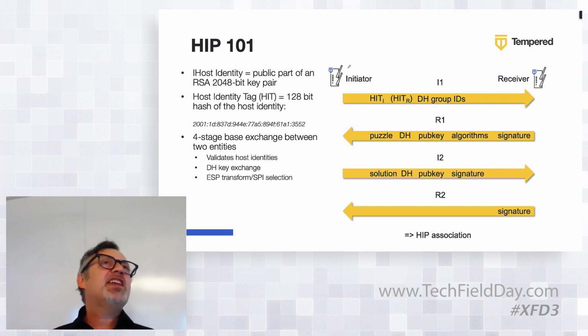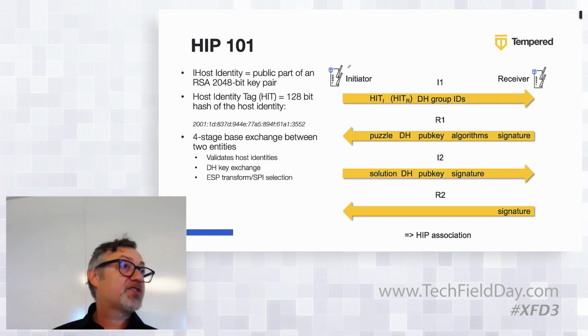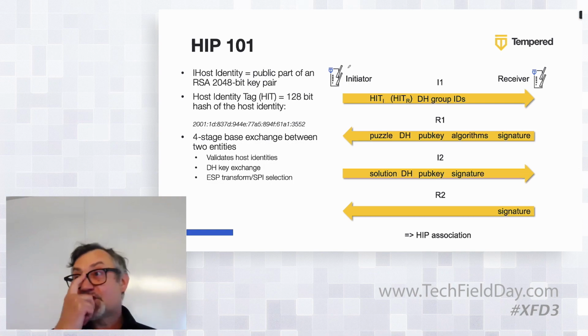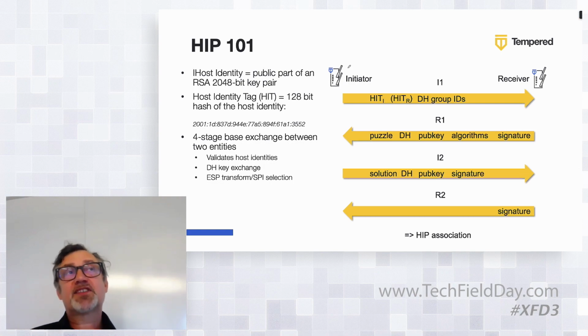However, public keys are rather large, and depending on the crypto algorithm, the keys can also vary in size. So they're unwieldy. You can't really use them in places where you would want identifiers for those identities. You wouldn't want to type them in on a console or something like that.